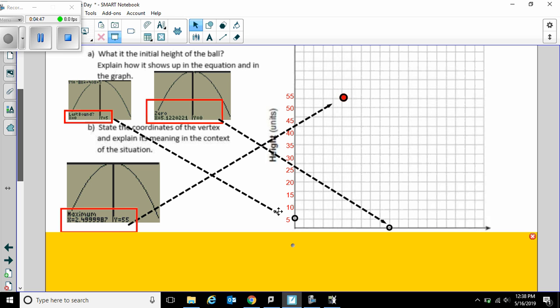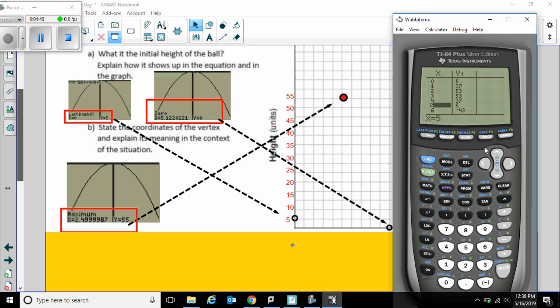Well, something else kind of handy. I got my graph here, and now I'm just going to hit zoom fit again. And this is helpful. I say second trace, and I want to know what my maximum value is.